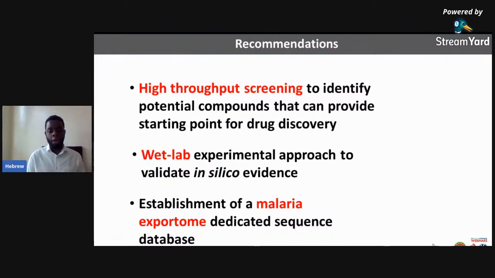And also, since this parasite codes for a lot of proteins that facilitate this kind of pathogenesis, it is key to establish a sequence database that has sequence profiles for all these malaria exported proteins, which are known as the malaria exportome, so that we can carry out different analyses of them, see whether these are potential vaccine or drug targets over time, and move to antagonize the targets as well.